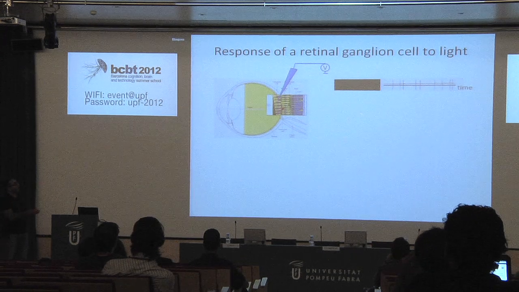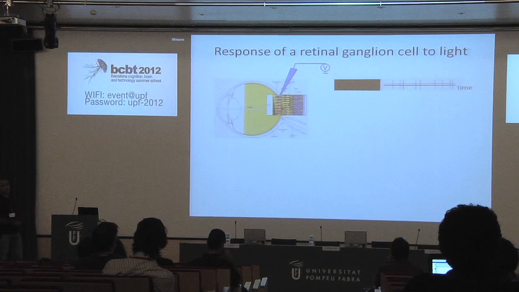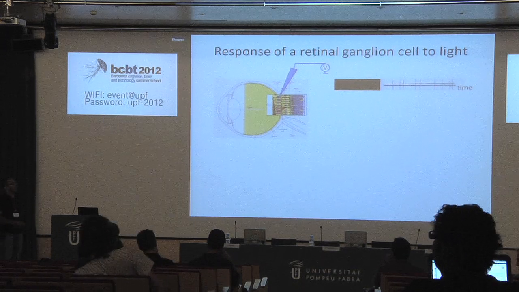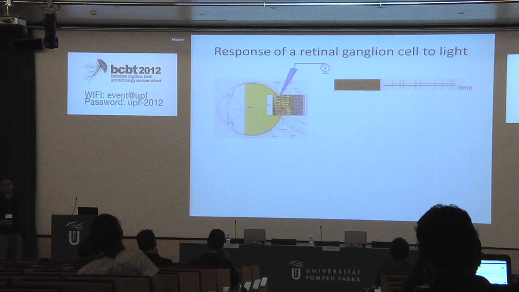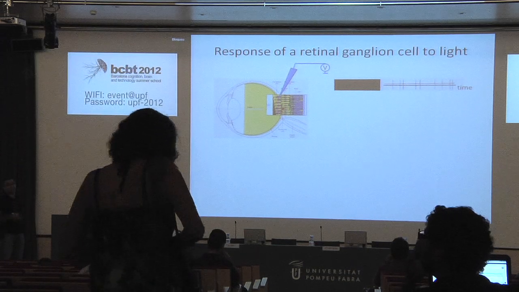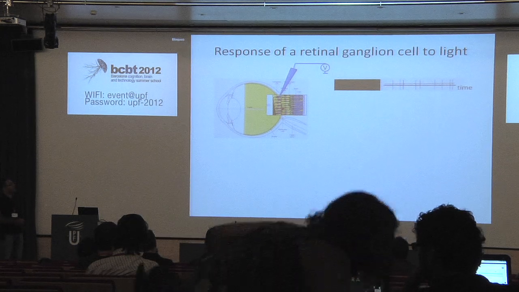If he presented a dark screen, that is nothing to the eye, and listened to the neuronal firing, this indicates individual spikes, but for the purposes of this talk, we will not be interested in spike timing. We'll just characterize neuronal activity by the firing rate, which is the number of spikes per second. And that's shown by this red line. There is some low spontaneous rate of firing that he observes.